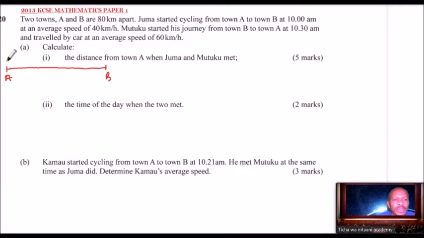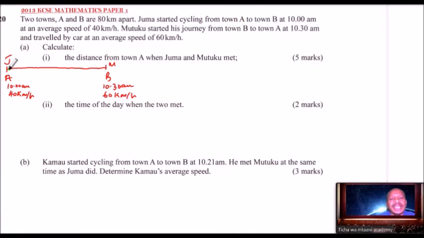So from the information given, we start with Juma. Juma started at A and started the journey at 10 a.m. and was moving at a speed of 40 kilometers per hour. Mutuku started at 10:30 a.m. and was moving at 60 kilometers per hour using a car.